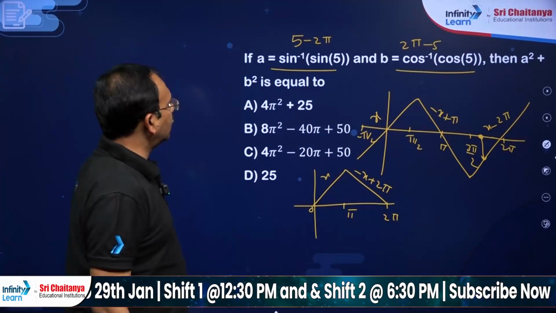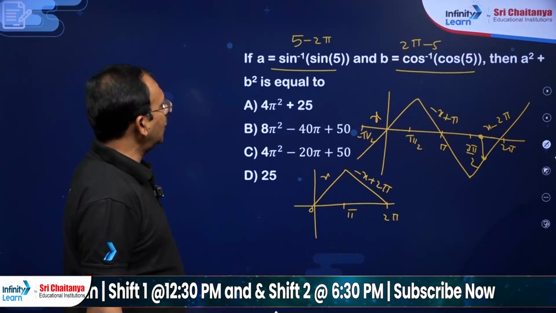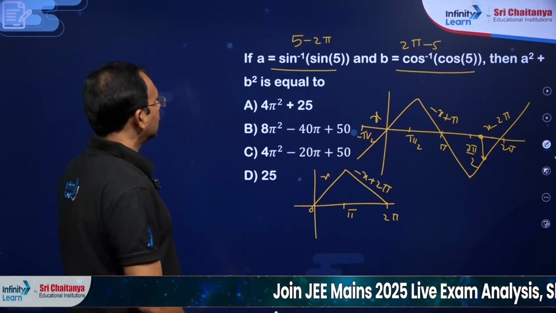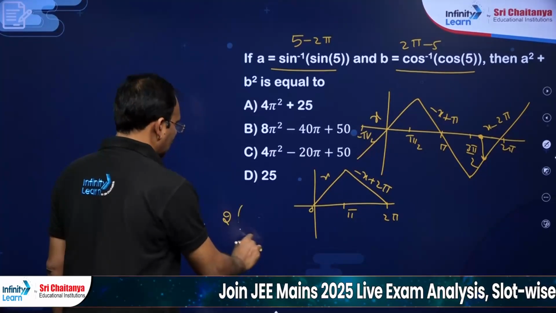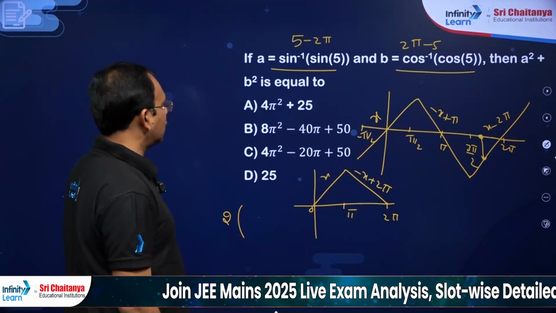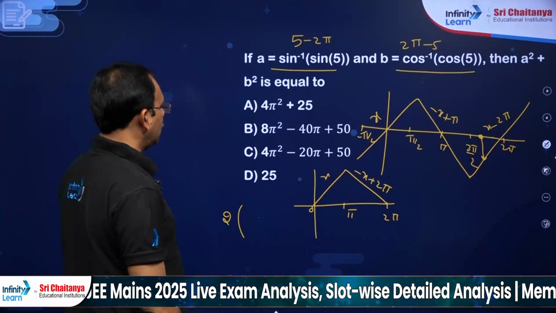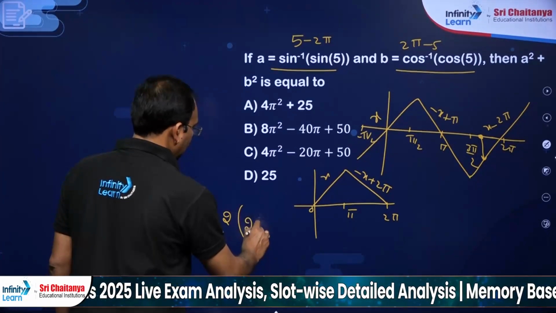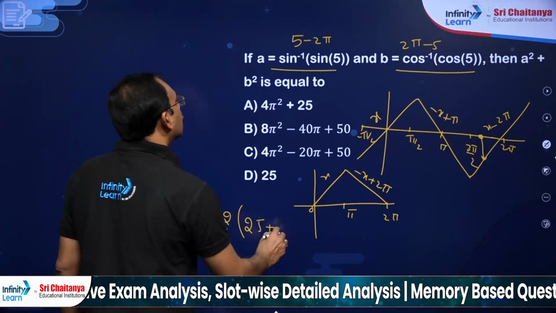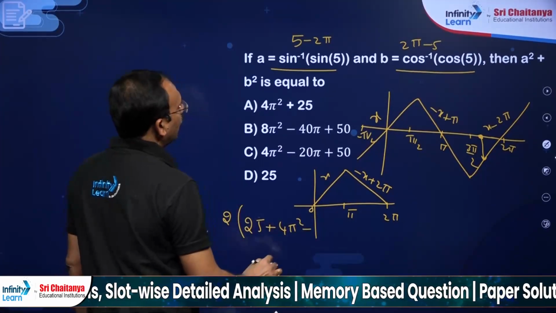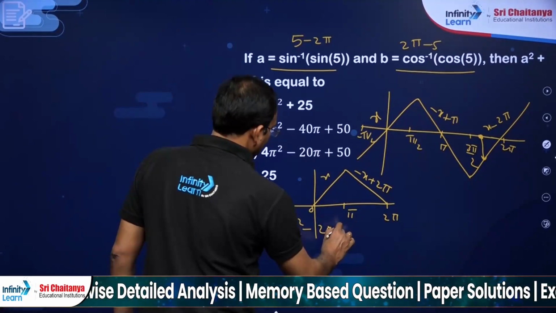So, addition of these two will be, you see, a, b are given, a square plus b square he is asking, that is 2 into both are the same, in fact with minus sign, 2 pi minus 5 whole square. A minus b whole square into 2, 2 times a square is 25, b square is 4 pi square minus 2ab, 20 pi, right.